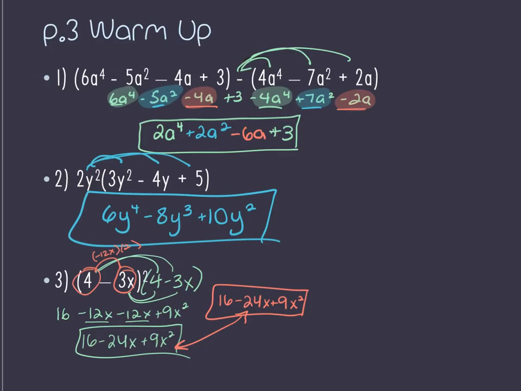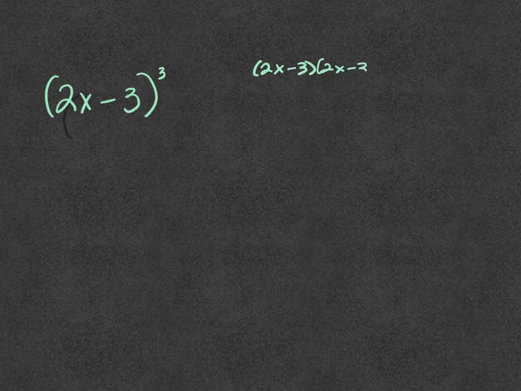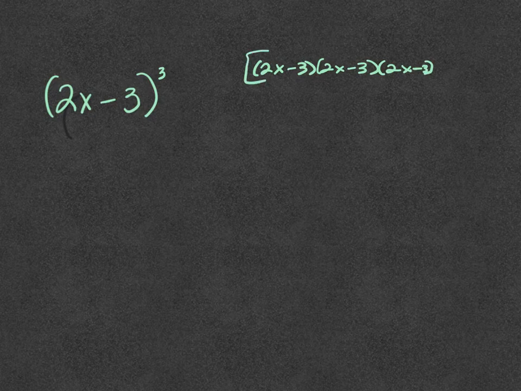All right, so let's say this is what I get, right? So one option is to literally do 2x minus 3 times 2x minus 3 times 2x minus 3. And this would be one of the special products because this is squared, so I can use the shortcut there. But then I have to take the result from that and distribute it to the 2x minus 3. That works, okay?